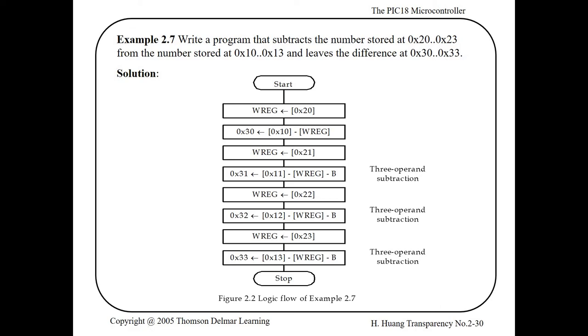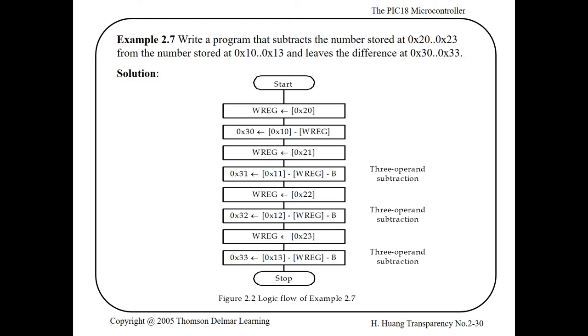But for addition, no issues. You can put the arrangement however you want. The subtrahend number can be at the bottom, or you can put it up. Whichever way that you add is not an issue, as long as you follow the proper little Endian way of arranging. But for subtraction, the subtrahend number must be correct, right? Otherwise you might end up minusing the wrong number. So here it says subtract the number stored at 20 to 23 from the number stored at 10 to 13.